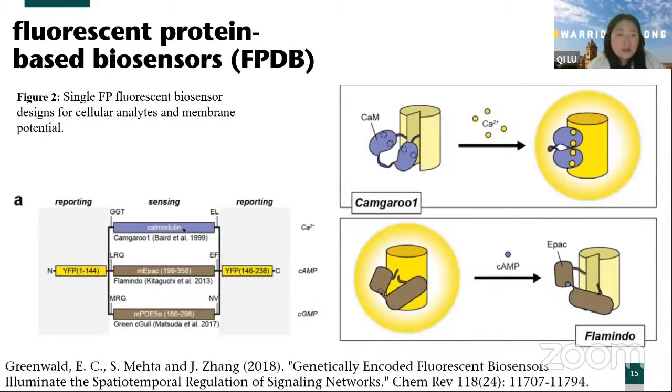So also this calmodulin sensing is a calmodulin, with PDE5 alpha, and with the reporters it looks like this. So after adding the calcium, this circularly permuted GFP, after binding the calcium with the CaM, will cause this fluorescent protein to be an intact one, and it can emit fluorescent light.